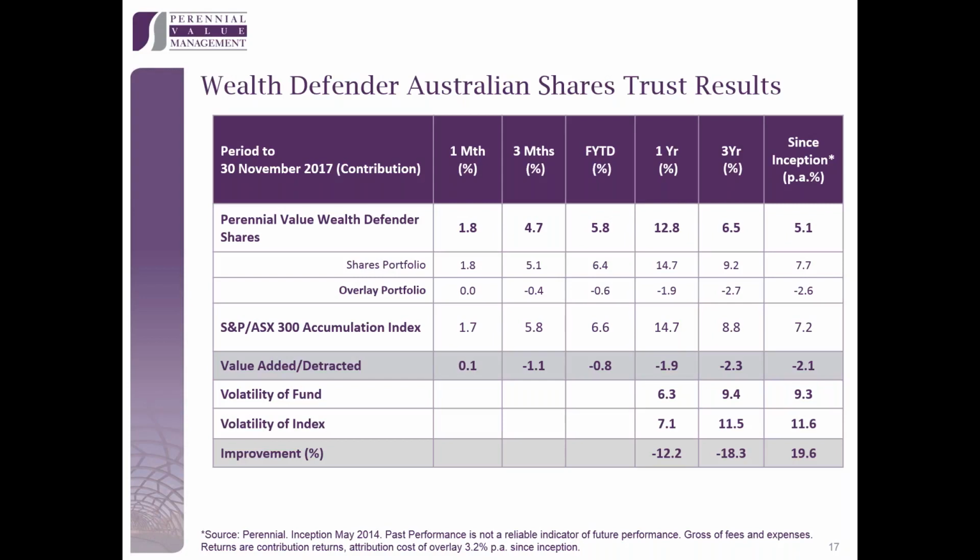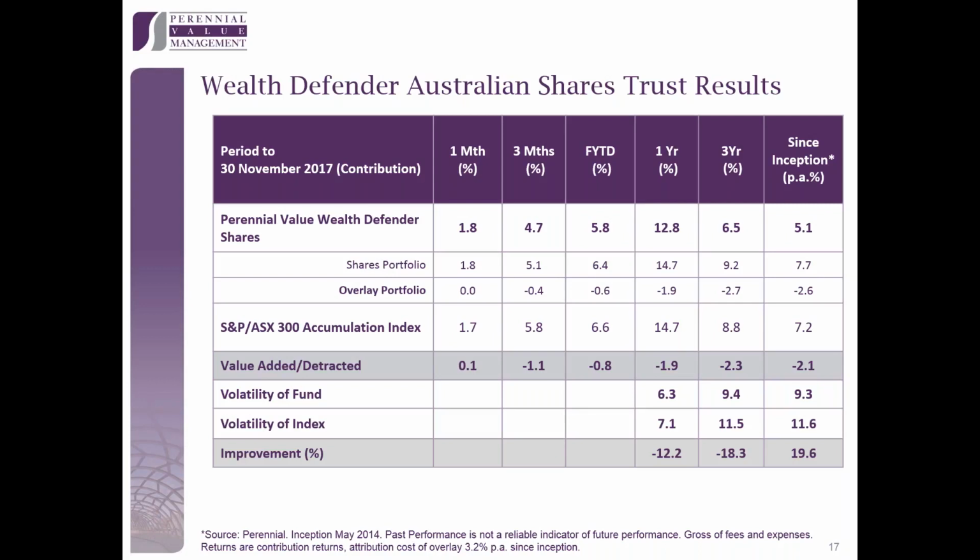Equity-like returns with significantly less volatility is what we're trying to achieve, and in terms of the volatility reduction that has been achieved, you'll see in the bottom row on the right-hand side, volatility in this fund is 20% lower than it is in the market, which to us seems to be a strong selling point.